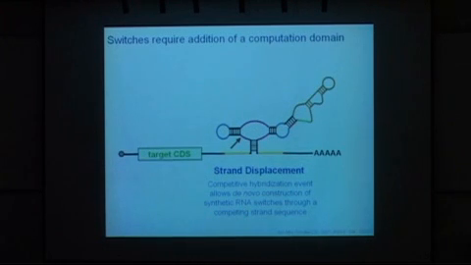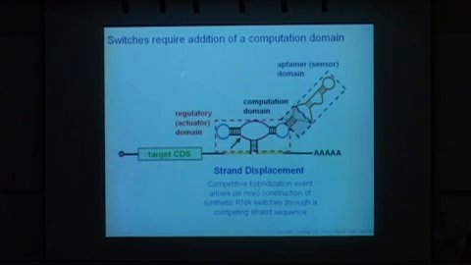Okay, so we had previously described single input RNA devices last year. And so I'm going to go through the properties of the single input RNA devices fairly quickly, just to cover the important properties of these devices. The first property that's important, as I highlighted in the previous slide, is this computation domain.